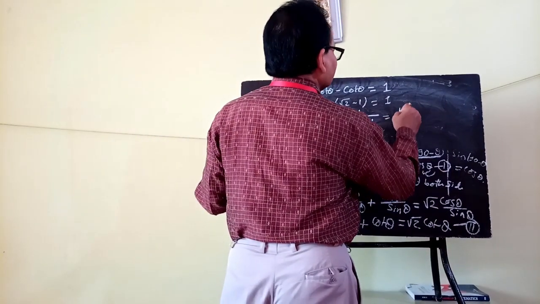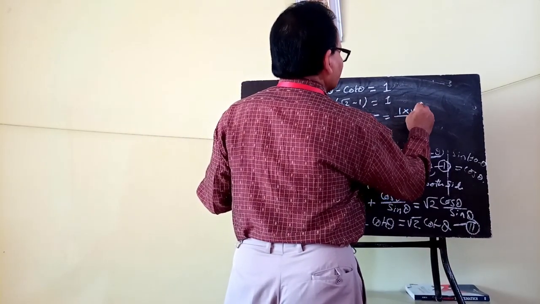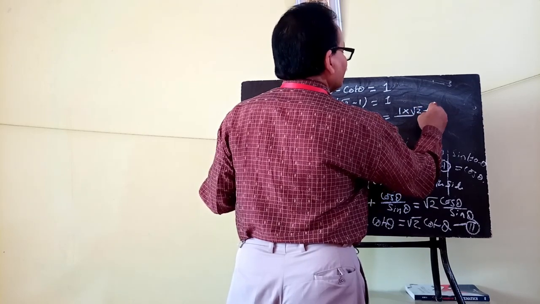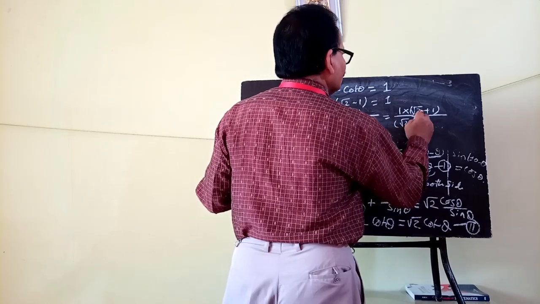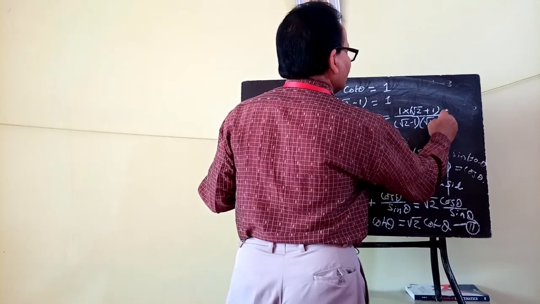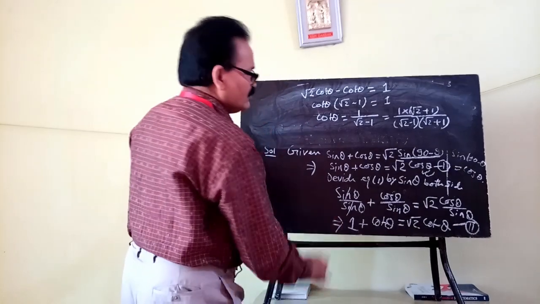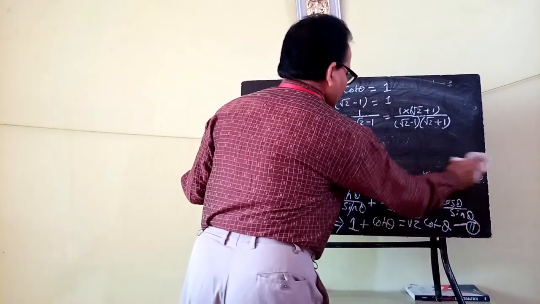In this case, you can multiply by the rationalizing factor root 2 plus 1, because in the denominator it is root 2 minus 1. So you multiply root 2 plus 1 with the given expression.